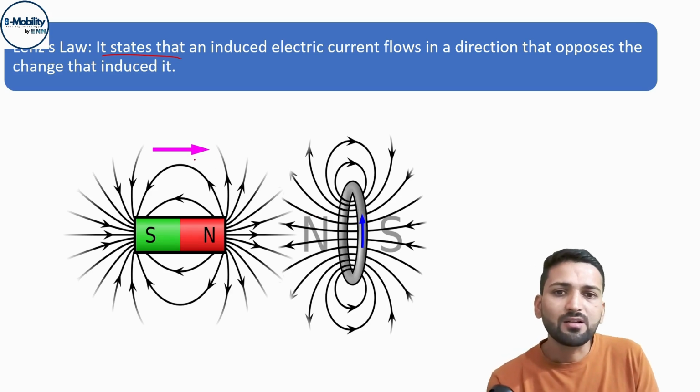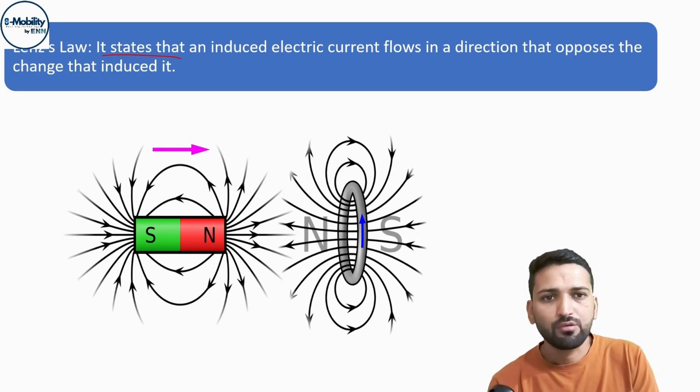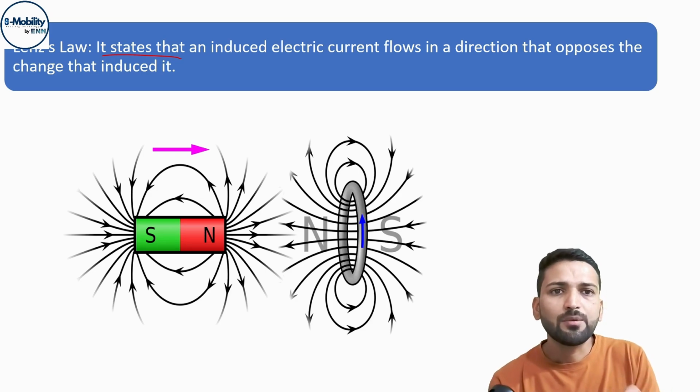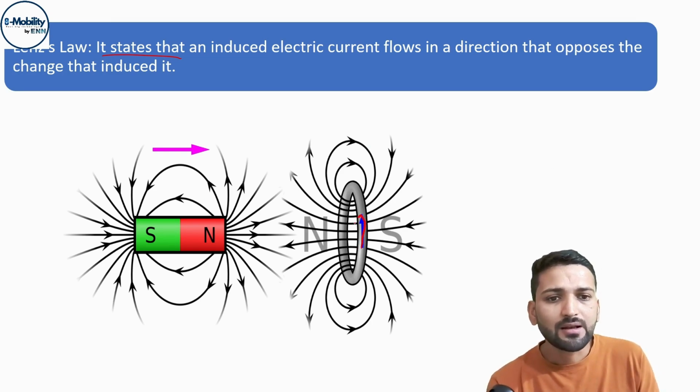Suppose the magnet is coming forward. Lenz's law states that the induced current will flow in such a direction that it will oppose the change that induces it. That means the current direction which is being induced in the coil will be in such a direction that it will be opposing the magnet.